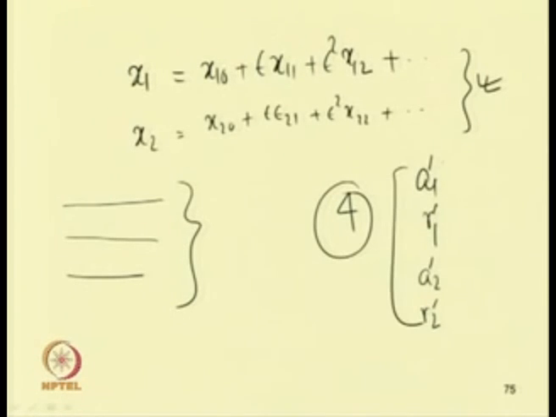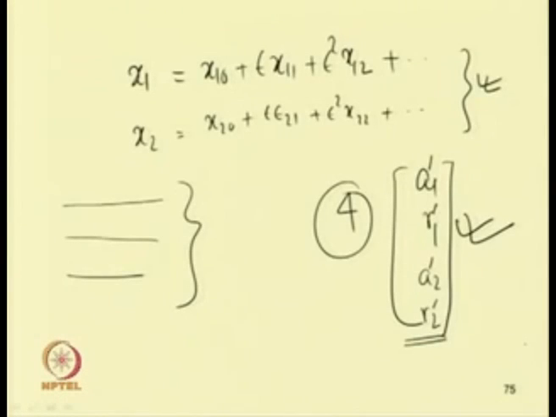We will have 4 equations, unlike in case of a single degree of freedom system where we have 2 equations. So, getting a closed form solution in this case will be difficult. One has to solve these equations by substituting A1 dash, gamma 1 dash, A2 dash, gamma 2 dash equal to 0.